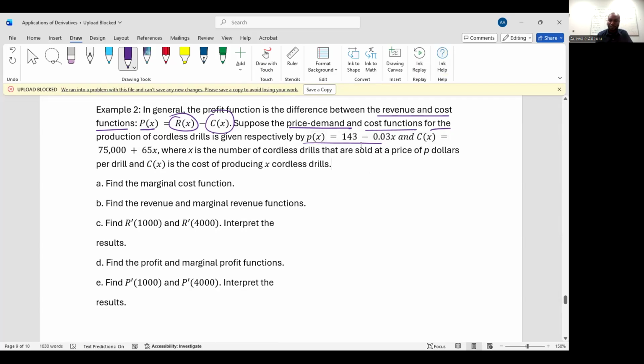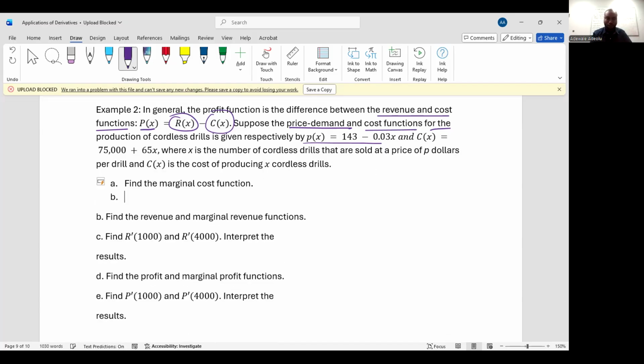P of X is 143 minus 0.03x, and the cost of production is given as this, where X is the number of cordless drills that are sold at a price P dollars per drill, and C of X is the cost of producing X cordless drills. I've explained all those things. Problem 1.